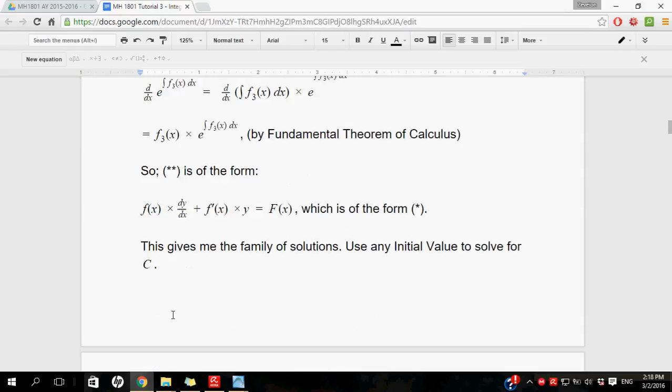This is the method of using an integrating factor to solve our differential equation. Of course, if we have any initial value, we can use it to solve for the constant c, and that will give us the solution to the corresponding initial value problem. So this is the method that we will use to solve the questions in our tutorial.